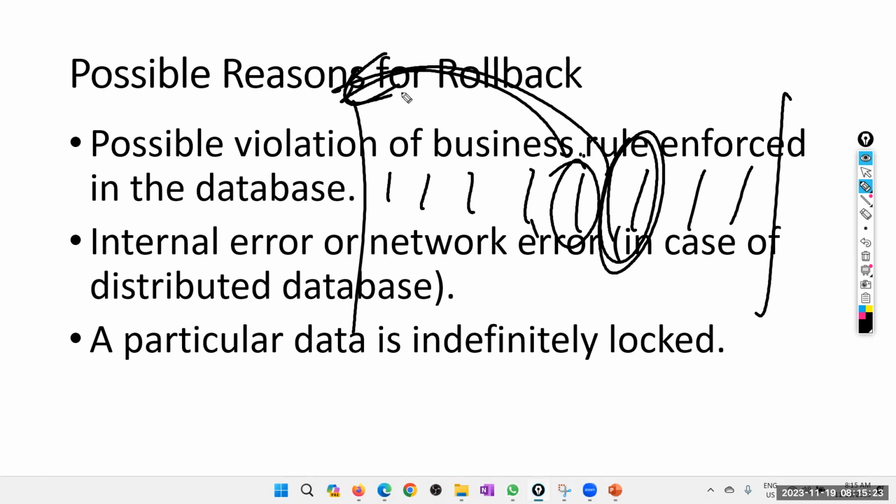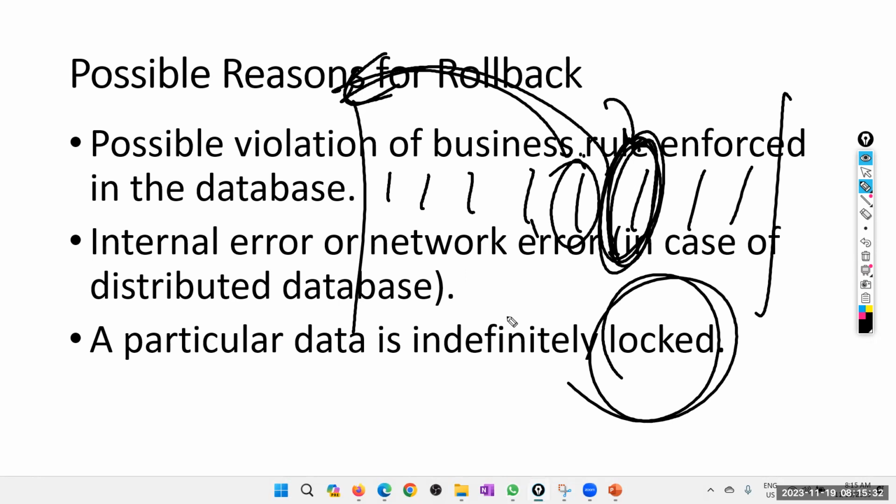And there's another possibility: you try to update a record as part of the sub-activity, but that lock key is not released due to some reasons. Then, of course, you can't wait forever. So the DBMS again rolls back because it can't proceed while waiting for a lock. You will better understand what is meant by lock in a few minutes. Right. So those are some reasons. There can be some other reasons as well.